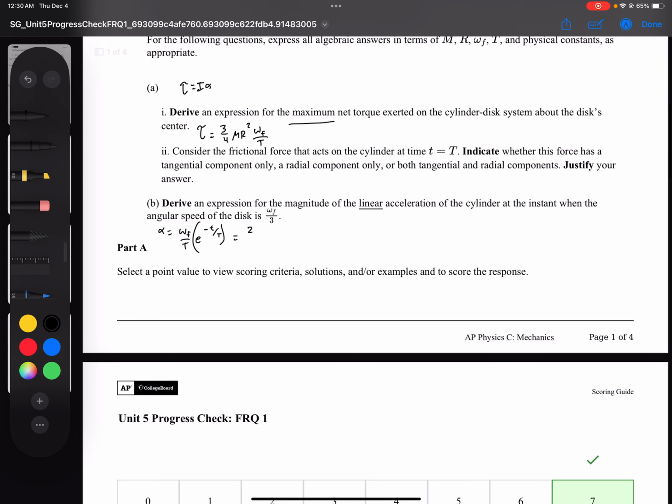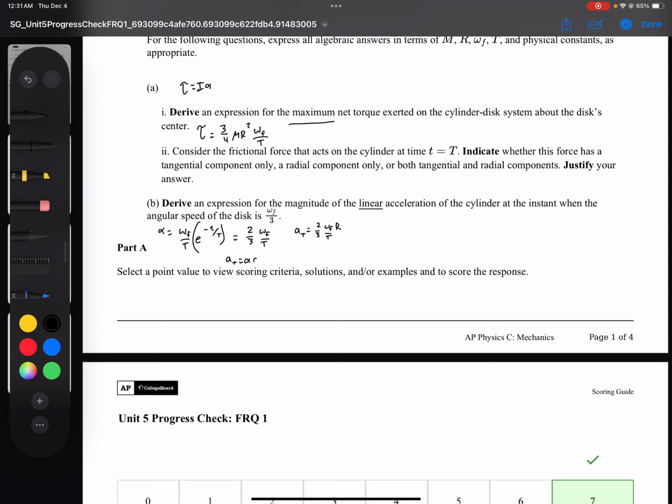So then I have 2 over 3 times omega f over T. That's going to be my angular acceleration. And then the relationship between angular acceleration and tangential acceleration is just alpha times r, right? So my tangential acceleration is 2 over 3 times omega f over T times r, all right?